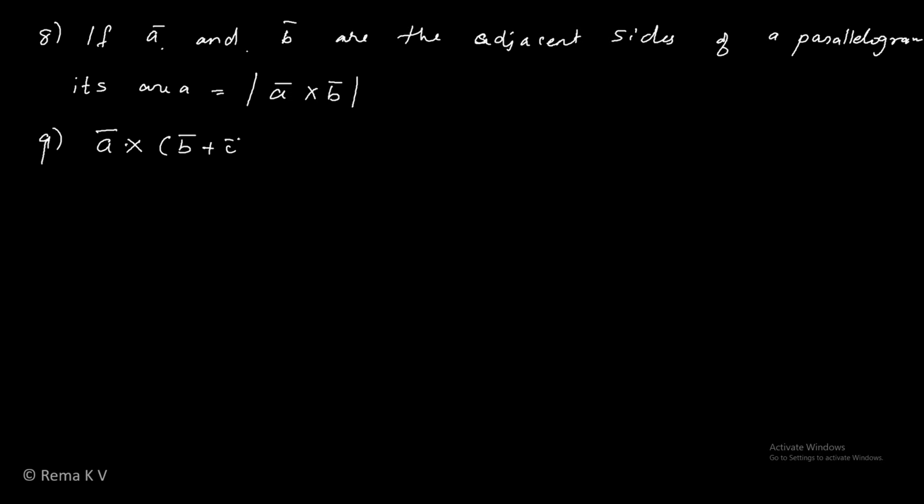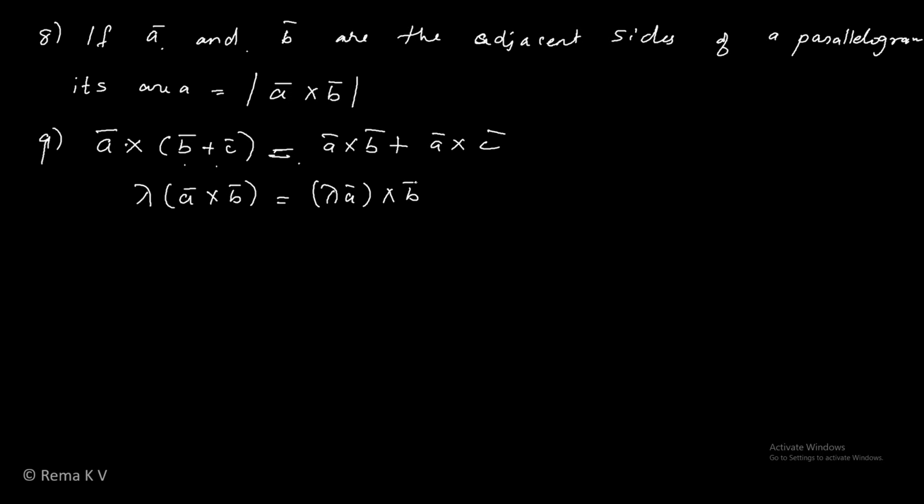A cross B plus C is equal to A cross B plus A cross C. Similarly, lambda into A cross B equals lambda A cross B, or this is equal to A cross lambda vector B, where lambda is a scalar.